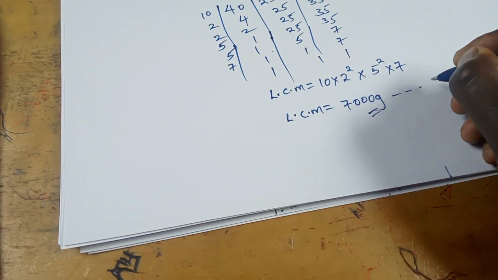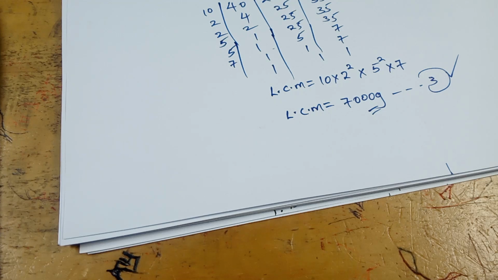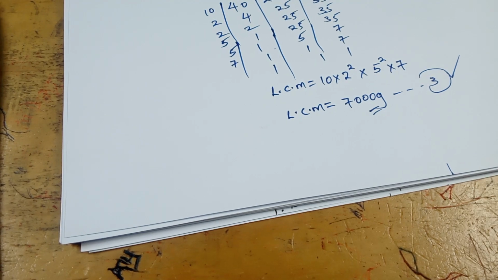And by doing that, you will have gotten your 3 marks. You have already determined your least mass in grams. I hope so far we are understanding.